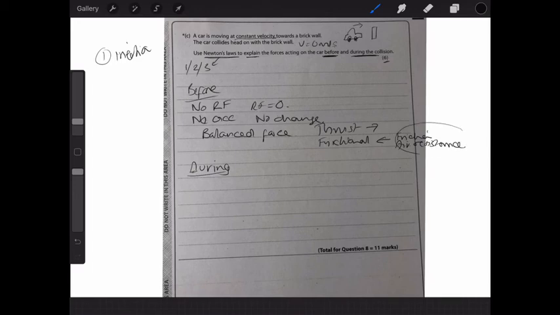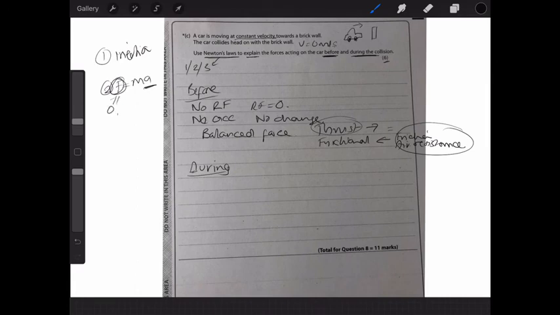So the total of those frictional forces is going to be equal to the total thrust from the engine, because there is no resultant force to make a change to the velocity. The velocity is constant because the forces are balanced. There is no acceleration, which you could link to law 2, F equals ma. There is no acceleration because there is no resultant force.